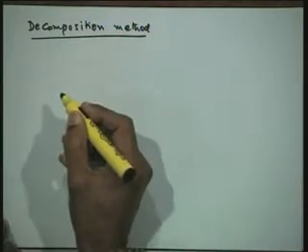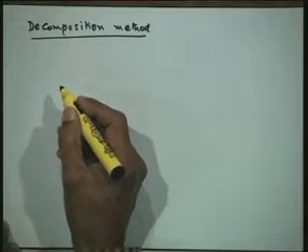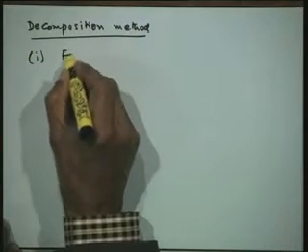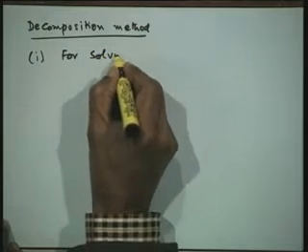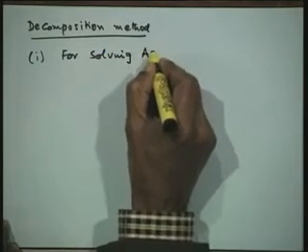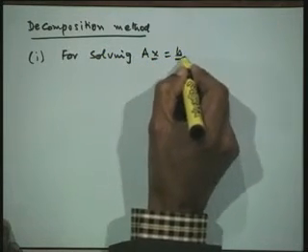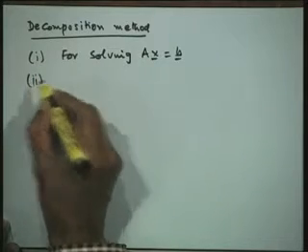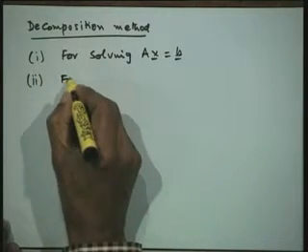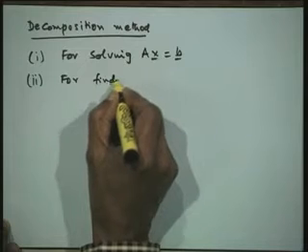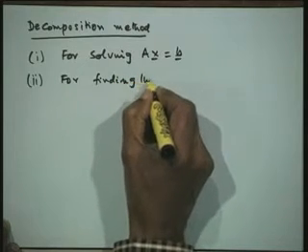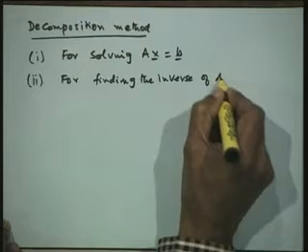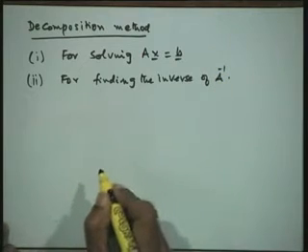We mentioned that we can use this method for solving the system of equations Ax = b. Alternately, we can also find the inverse of a given matrix A, that is A inverse.